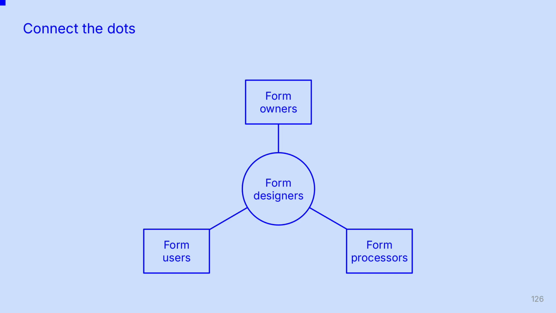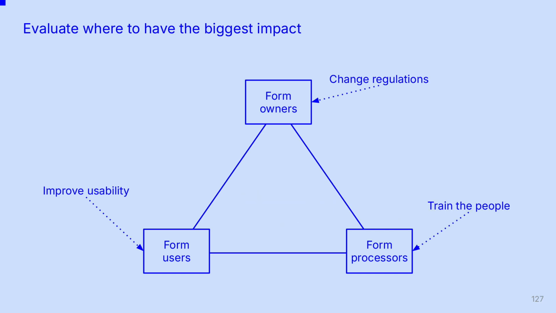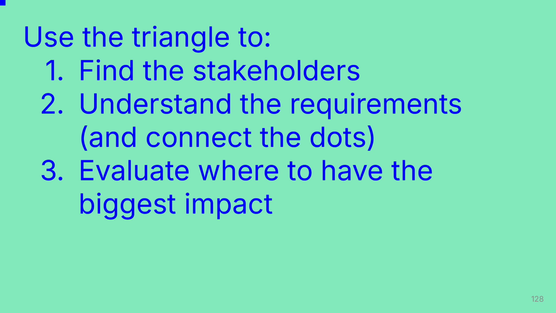And then connect those dots and evaluate where to have the biggest impact, if it's really changing the regulation or if the usability at the end is the solution. This is also, of course, possible. Or if changing processes and training people is actually what is required. So, to sum it up on one screen, it's finding the stakeholders, understanding their requirements, and evaluating where to have the biggest impact.